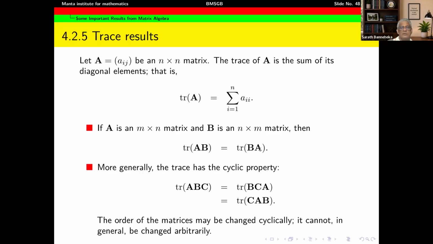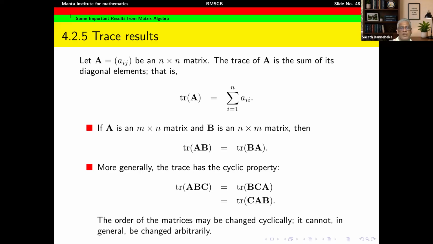Right. So that will be useful sometimes. More generally, if you consider three matrices, which should have suitable dimensions for us to consider this product here, then trace of ABC will be equal to trace of BCA, which will be the same as trace of CAB, right?